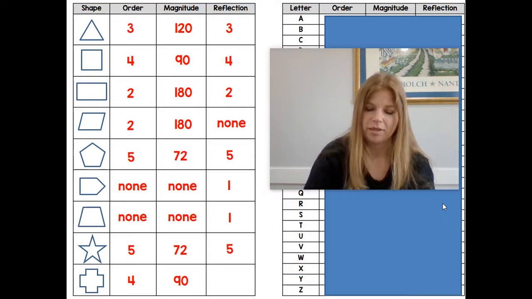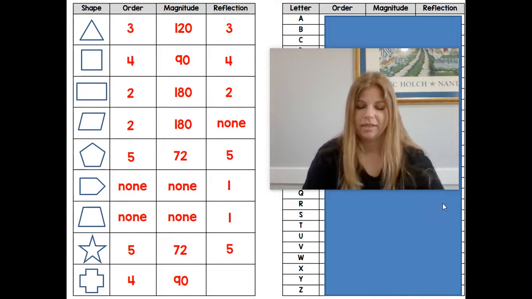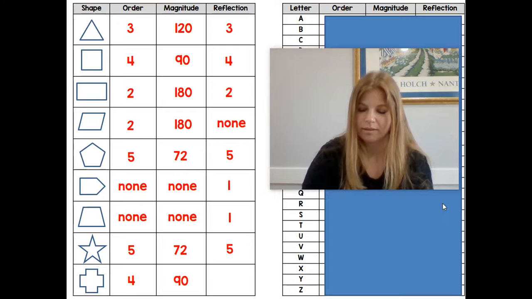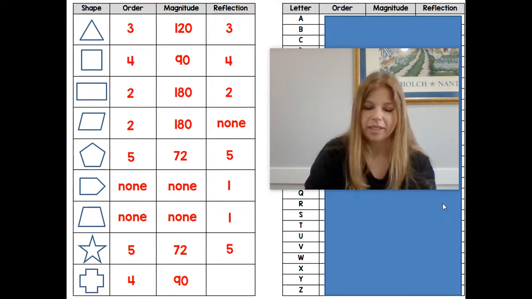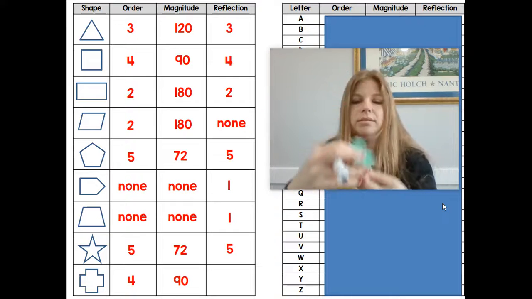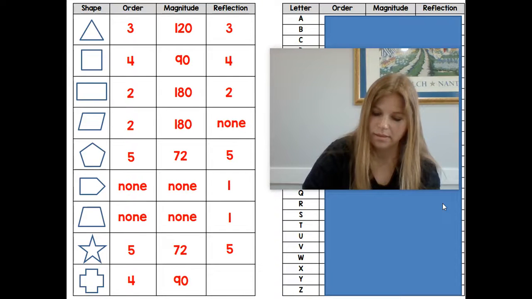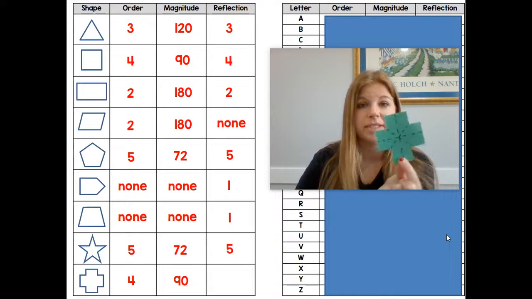I can draw a vertical reflection line. I can draw a horizontal reflection line. I can draw also a reflection line like this. And then I have 4 lines of symmetry.